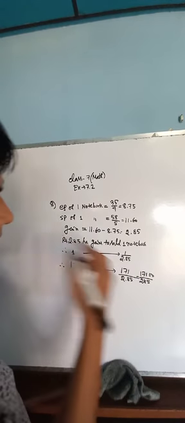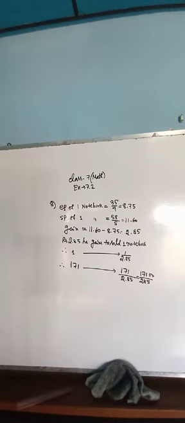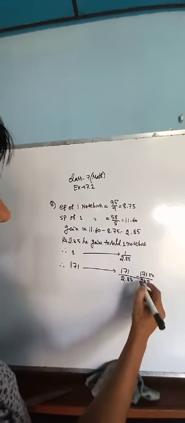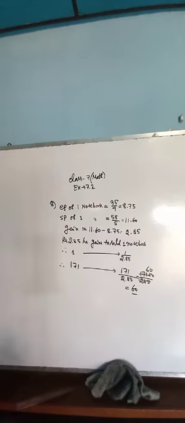Now do the cancellation by 5. Do the calculation, and directly from the answer book, the answer is 60.